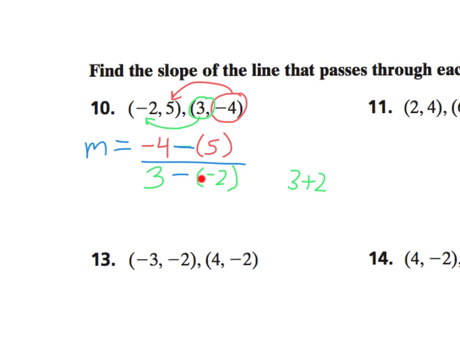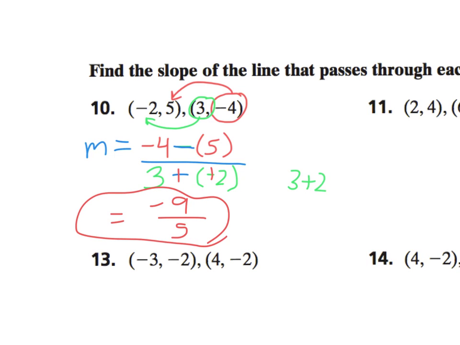So be in the habit of writing the double negative, but then just changing it after you've done it. All right, now to finish this one up, negative 9 in the numerator and a positive 5 in the denominator. Since neither of those reduce any further, our answer is negative 9/5.